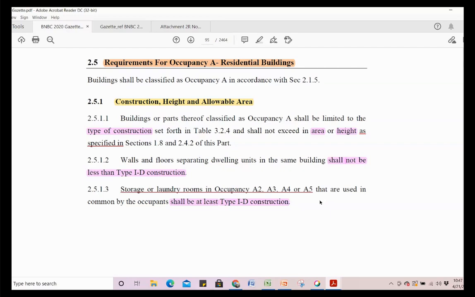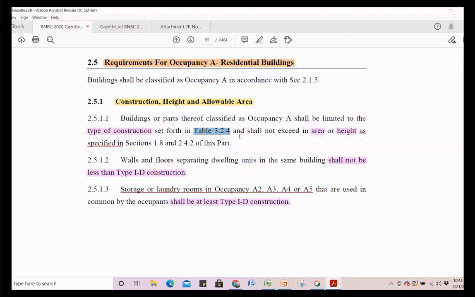At the very beginning, it says that the limitation of types of construction will be set by table 3.2.4. So it is the construction classification table, as you can remember: type 1A, 1B, 1C, 1D, and type 2A, 2B, 2C, 2D.